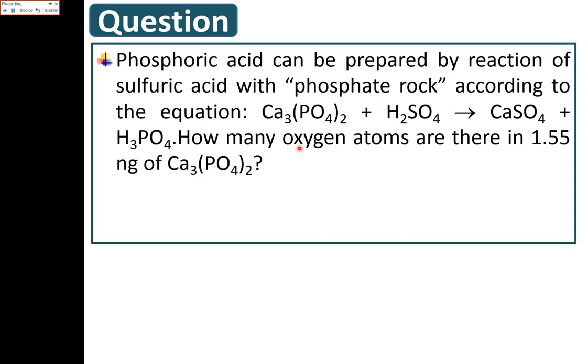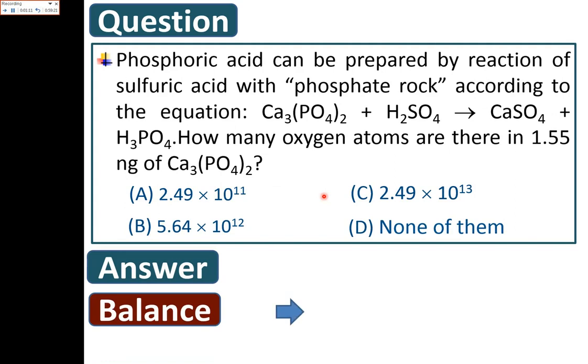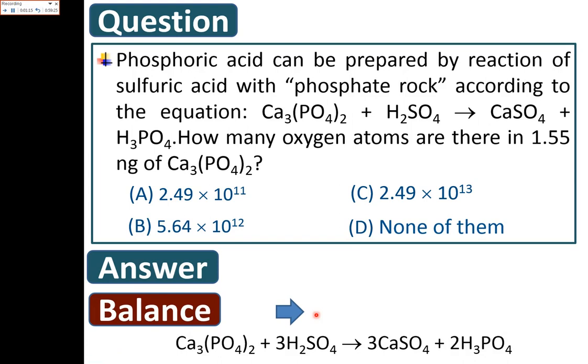As I said, to calculate the number of oxygen atoms, you need to calculate the number of moles first of calcium phosphate. But at the beginning, let us check the balance of the equation. As I said, every equation you are given in the exam, you should inspect first the balancing of the equation.